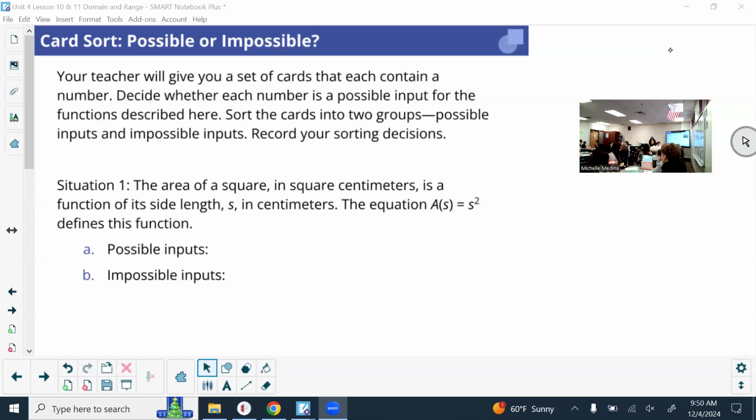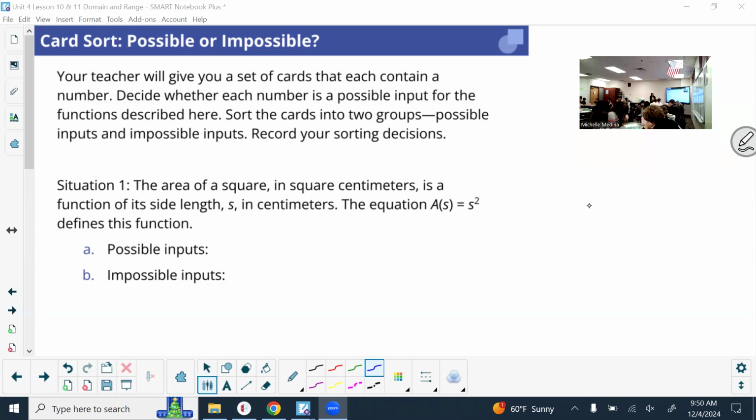In order to figure out which numbers could be possible inputs, you have to figure out, based on the situation, what the input is. So table 7, between the area of a square and the side length, which would be considered the input?